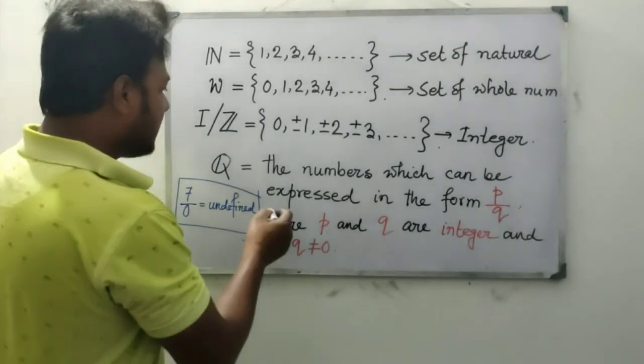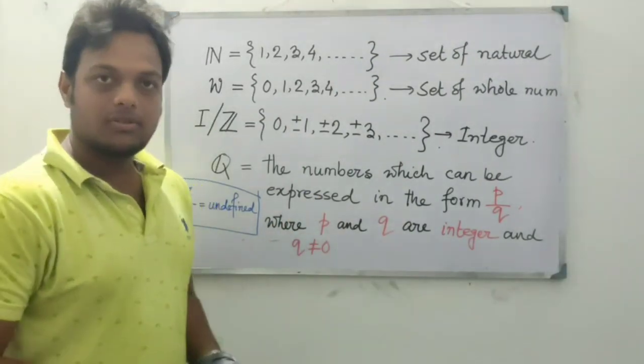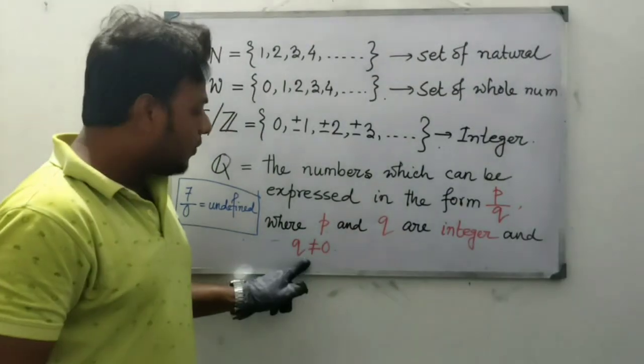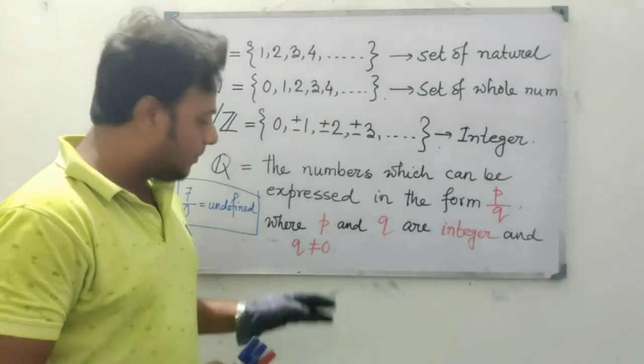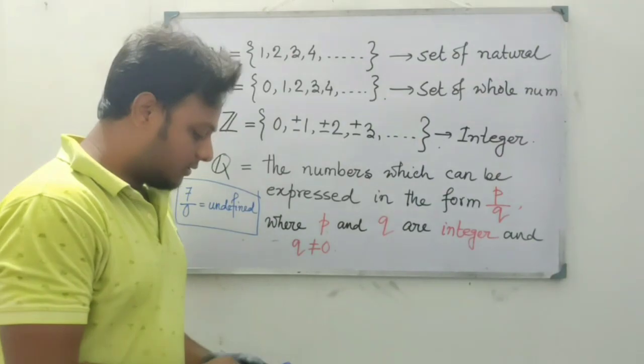So this is the main definition, but some standard books, some foreign authors, are using Q greater than 0 in the place of Q not equals to 0.